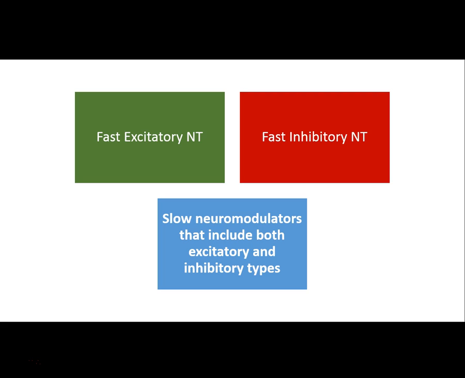What about the fast inhibitory neurotransmitters? Because large interconnected systems made only of excitatory connections tend to be unstable and subject to seizures, the balance in the nervous system is guaranteed by having inhibitory connections. That is why the fast inhibitory neurotransmitters are really important. GABA and glycine have a very important role in counteracting excitatory neurotransmission.